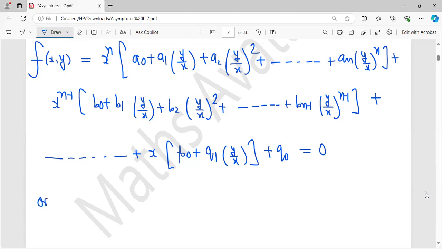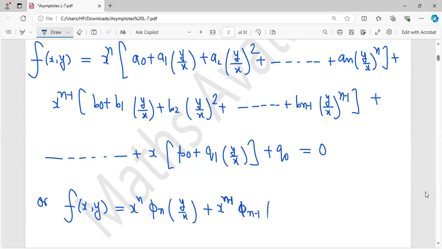Now we can write f(x,y) = x^n φn(y/x) + x^(n-1) φ(n-1)(y/x), and so on, x φ1(y/x) + φ0 is equal to 0.